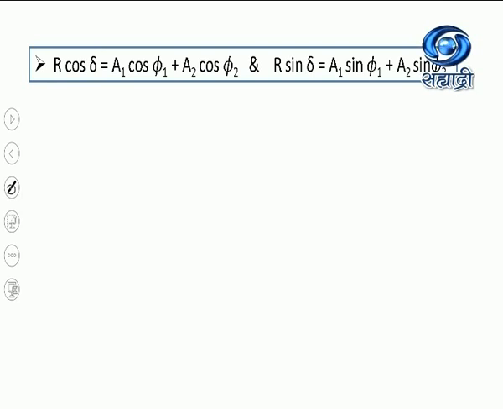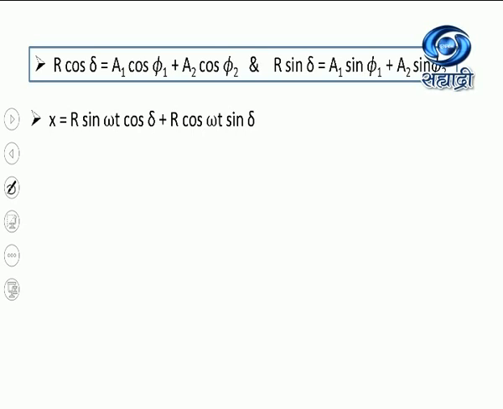Now substituting these terms back in the previous equation, we have sin omega t as it is and the bracket substituted as r cos delta. Similarly, cos omega t is kept as it is and the next term is introduced as r sin delta.